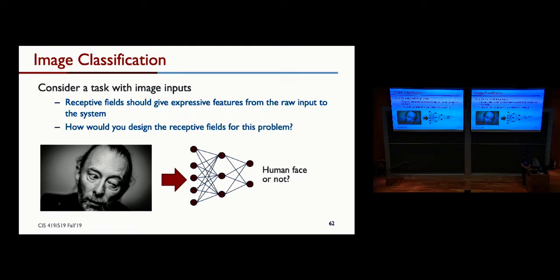N by m of them, depending on the picture size. Sure. And then train on a bunch of photos with faces and a bunch of photos that aren't faces. So you would input a bunch of images, pixel values, and that would go into what?